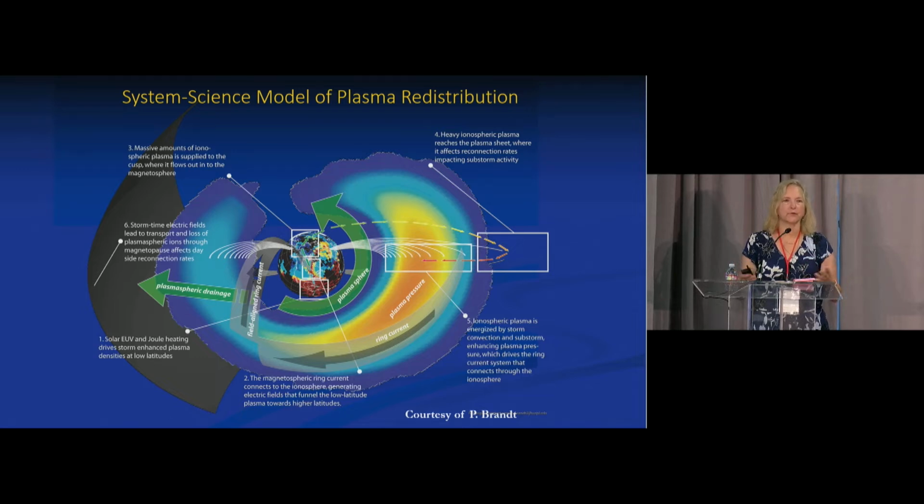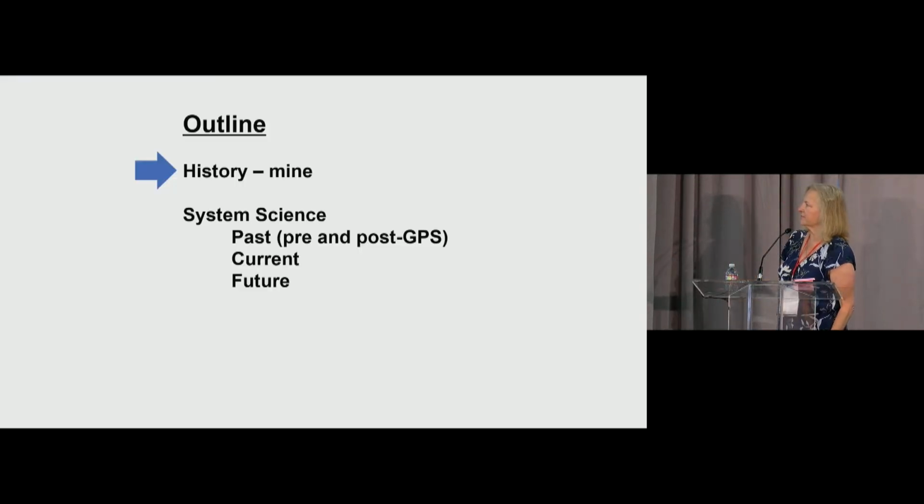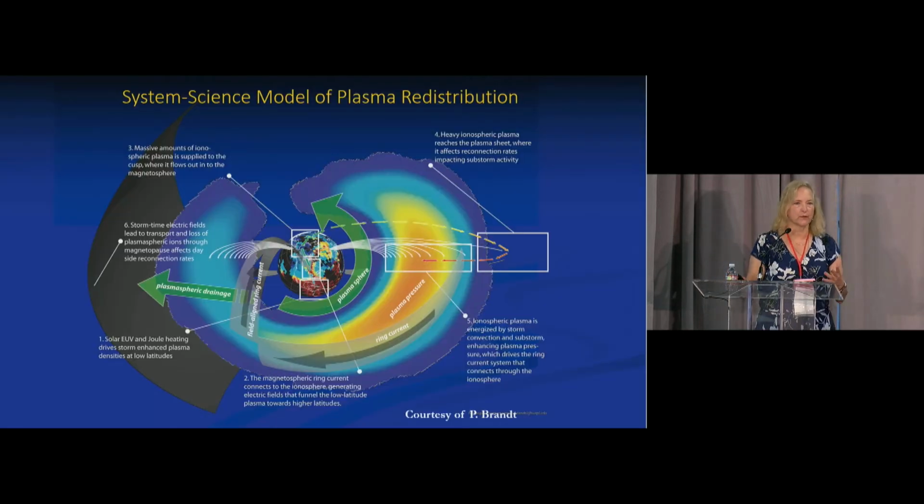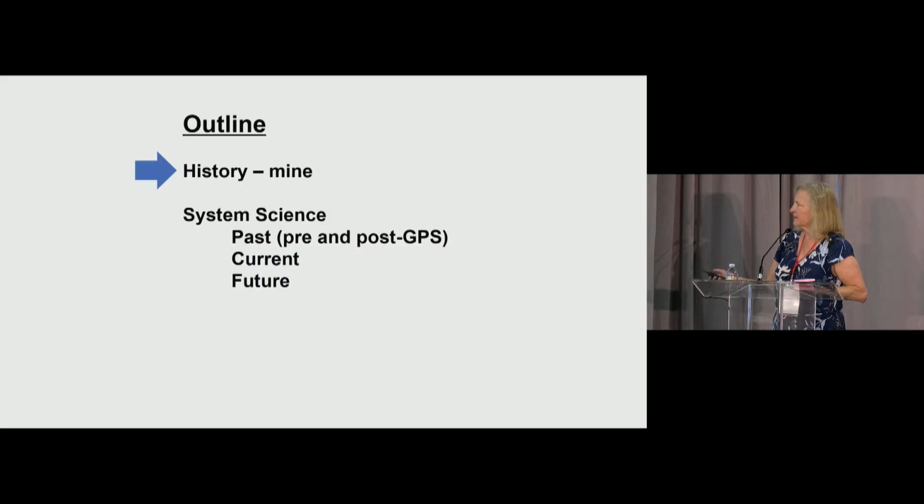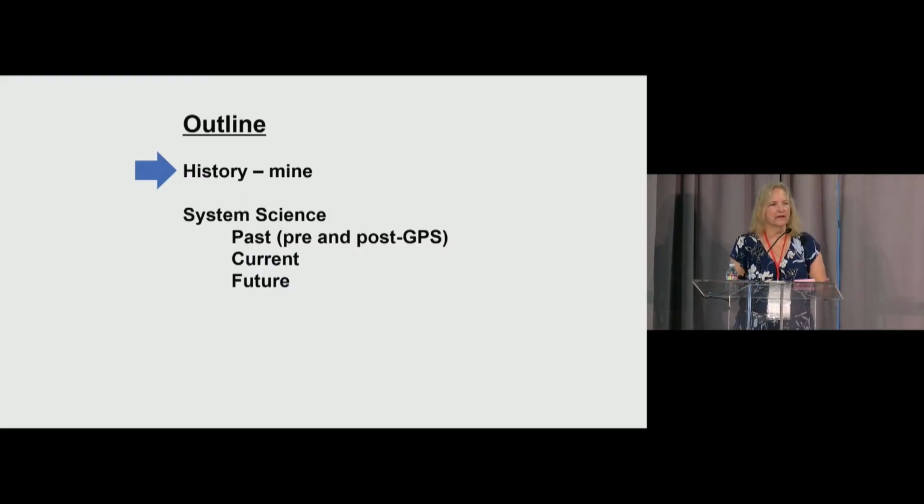We're starting to put things together and trying to identify the different forces. So that's what we're going to be talking about. Then, again, we're going to start with a little bit of history. We're going to go back to mine.